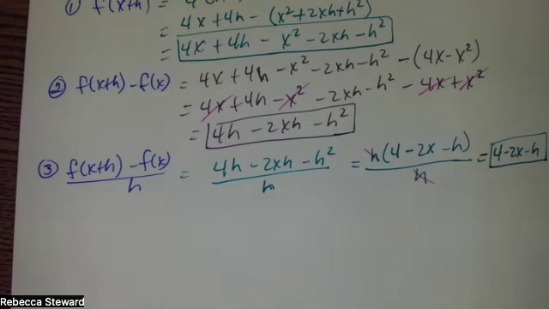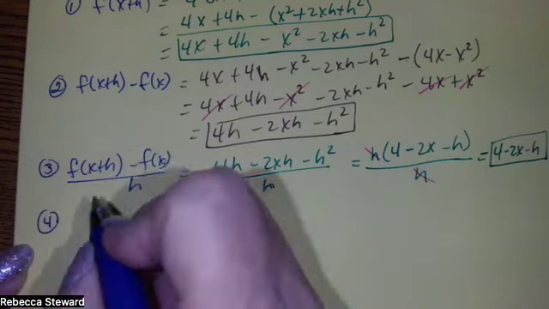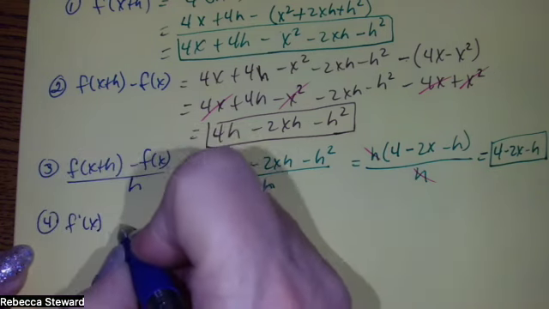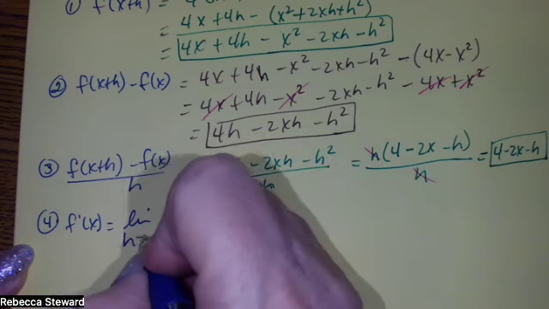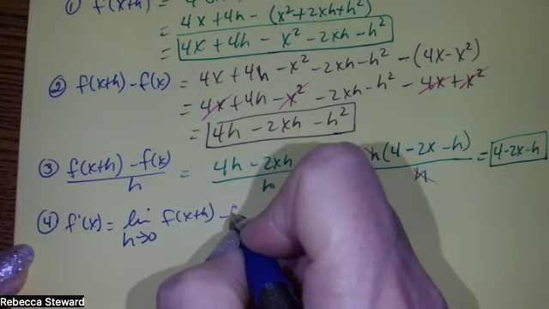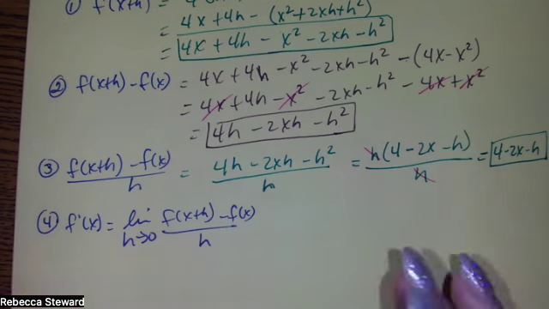All right. Last step is to find the limit part. So we are now looking at f prime of x, which is equal to the limit as h approaches 0 of our f of x plus h minus our f of x all over h.